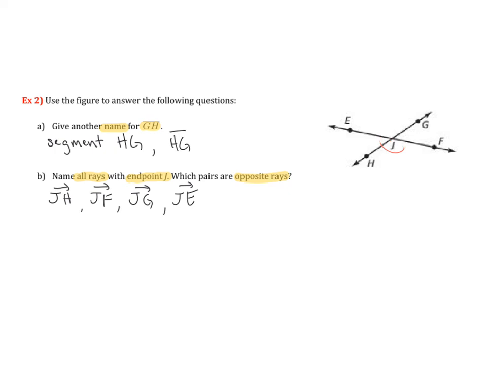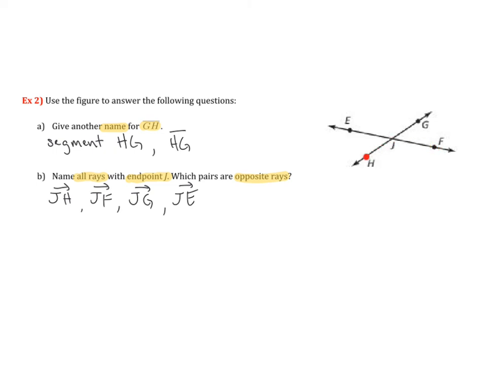If we are taking a look at the picture, keep in mind again that in order to be opposite rays, you have to form a straight line. So if you pair up JH and JF, notice here that there's actually a little corner, right? If we were to drive along JH and then drive onto JF, we would have to turn.